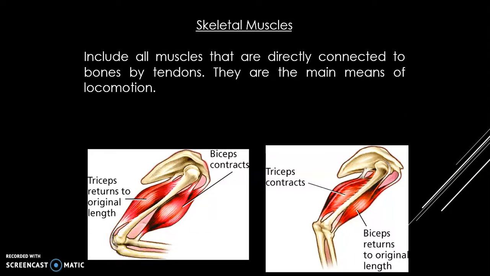Okay, so I need you to think of, for example, your arm. For example, if I stretch my arm this way, okay, let's say that I start from this position over here. Okay, if I want to contract my arm towards my body, the one that is doing the actual work is the bicep.